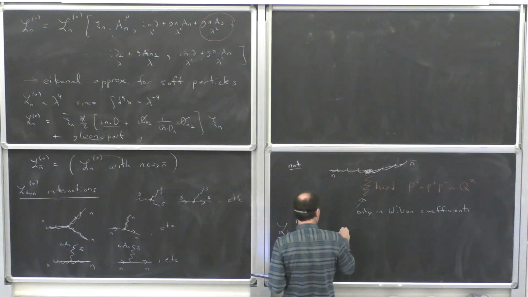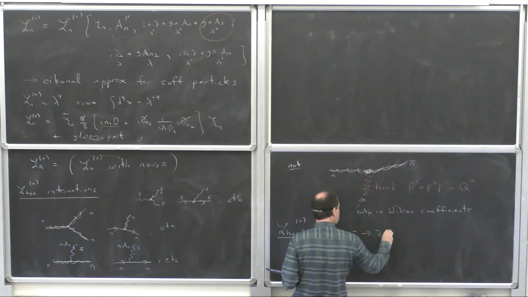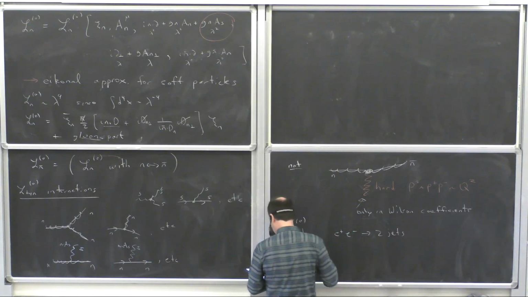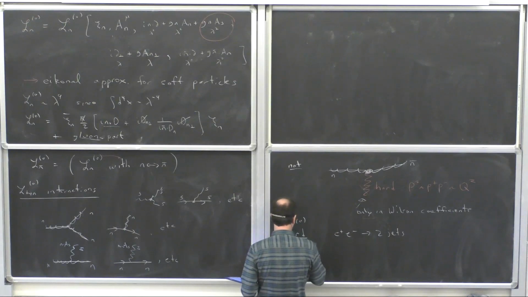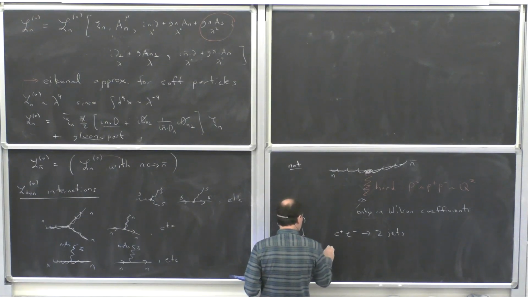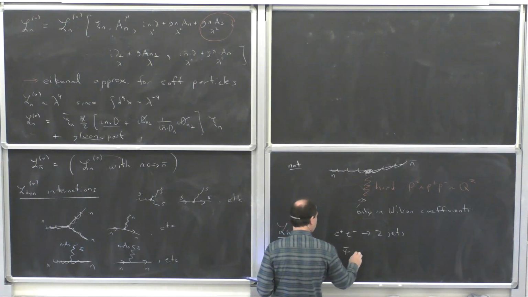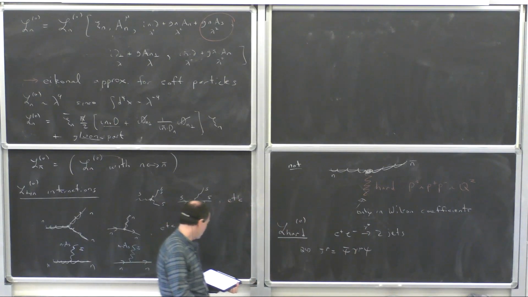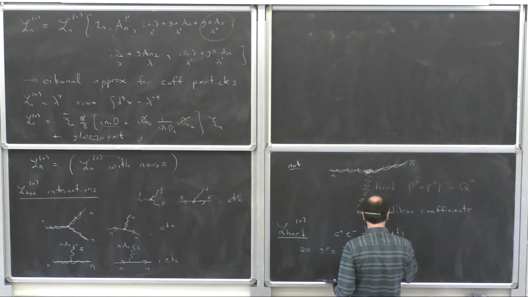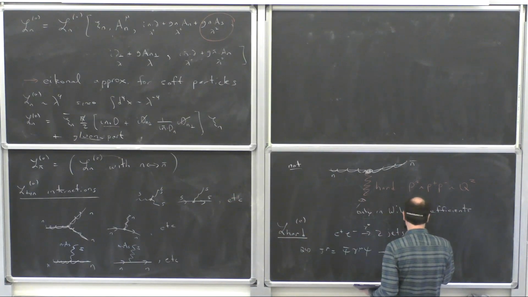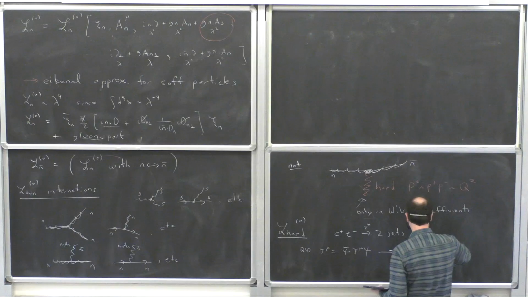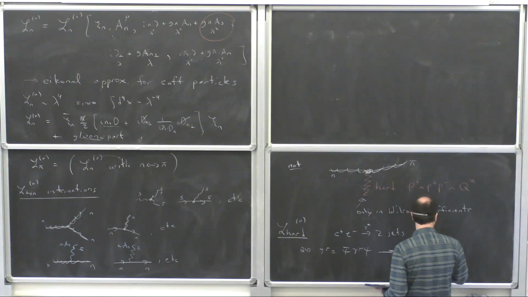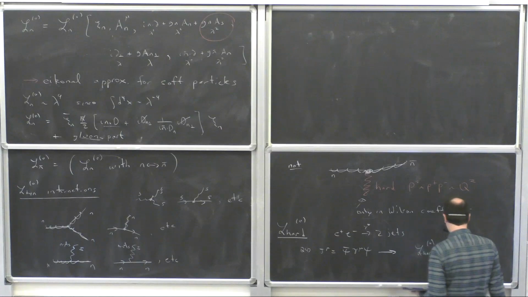If I do e+ e- to 2 jets, then I can think about it from QCD. In QCD, I'd have the vector current if I'm doing a virtual photon, which I am. So it would just be an operator like that. And what that's going to become in the effective theory is some L hard 0, which is some C times some operator.